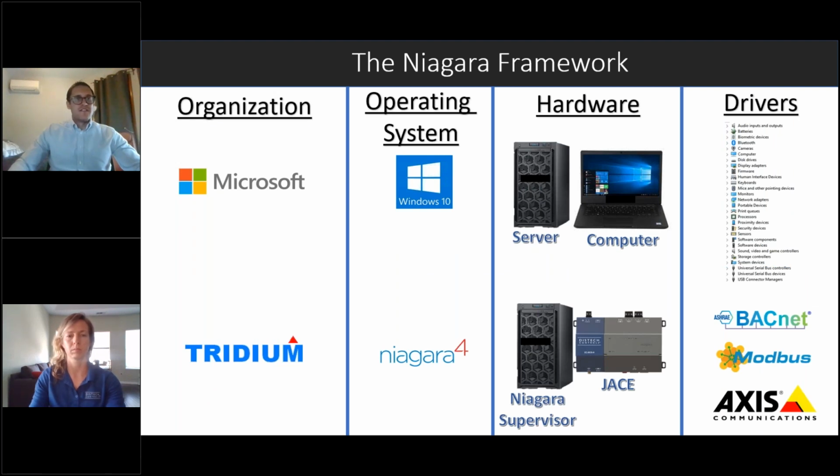So now we're going to move into the Niagara Framework. This is an interesting little topic that I like to bring up because it's something that's recognized across the industry. It's not just specific to any real manufacturer in terms of the product line, the services available, the software infrastructure.